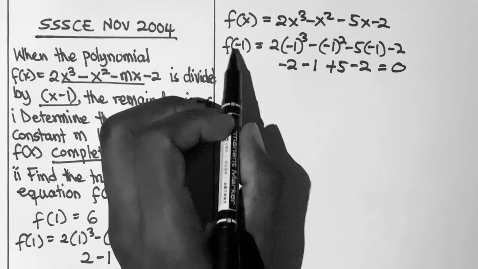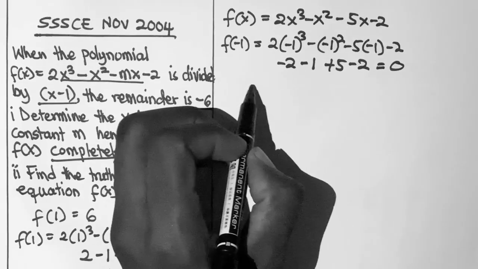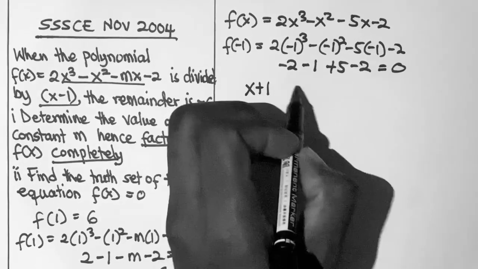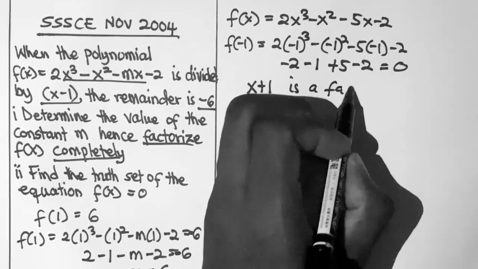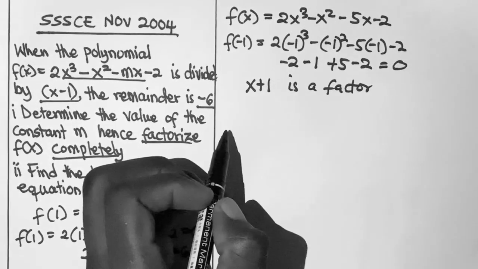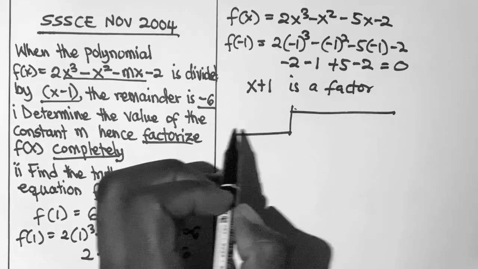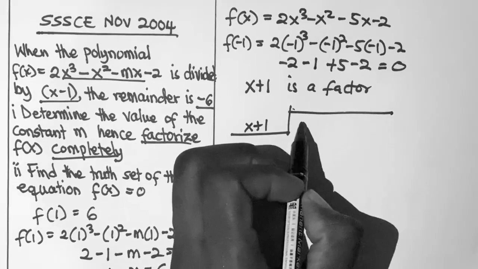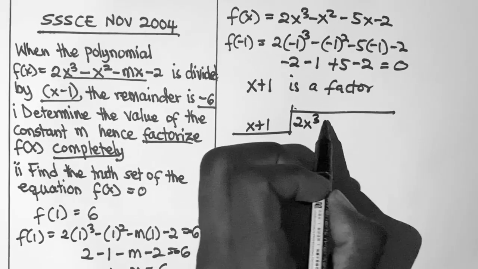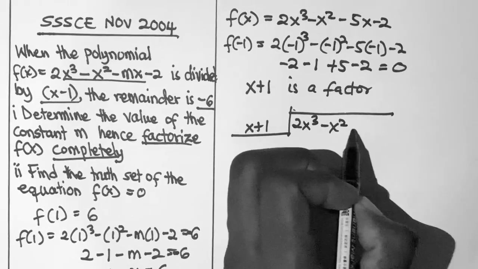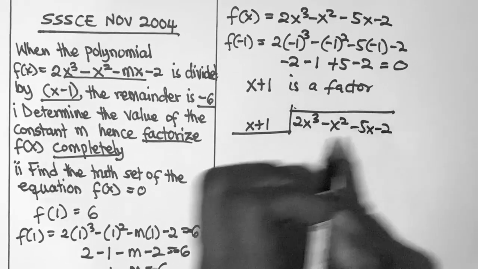So you can see that since f of minus 1 is 0, it implies that x plus 1 is a factor of that polynomial. So since x plus 1 is a factor, it means that we can divide the polynomial by x plus 1. The polynomial is 2x cubed minus x squared minus 5x minus 2.